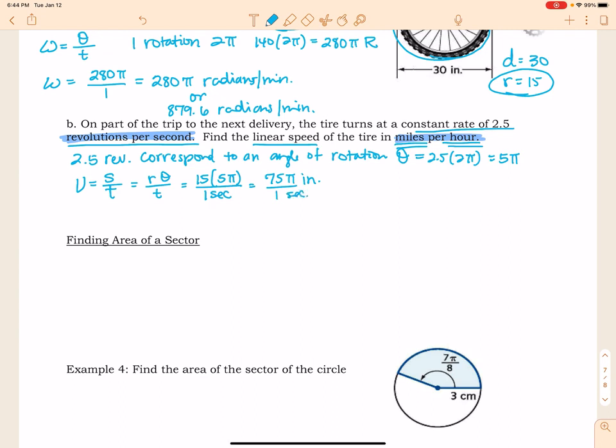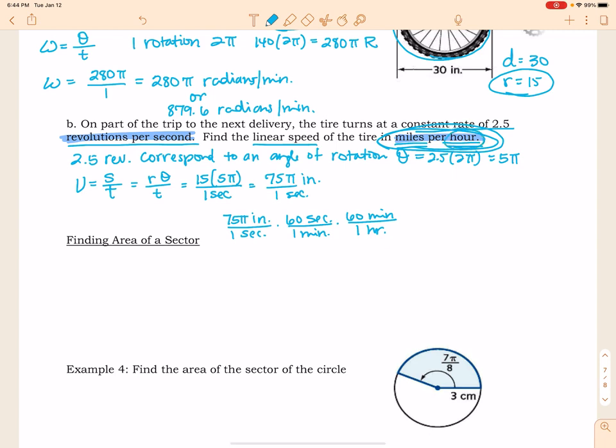All right, so that's what our answer is, but now I need to write it in terms of miles per hour. So I need to do a conversion. So I have 75 pi inches over 1 second, and I'm going to multiply that by 60 seconds over 1 minute. And then I am going to multiply that by 60 minutes in 1 hour.